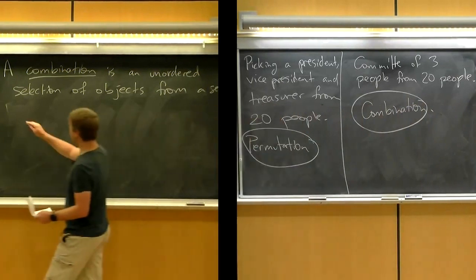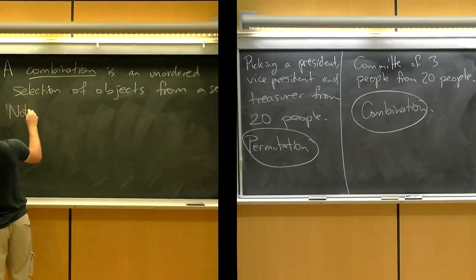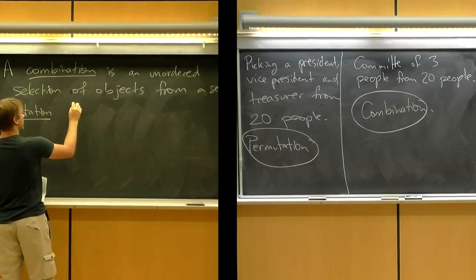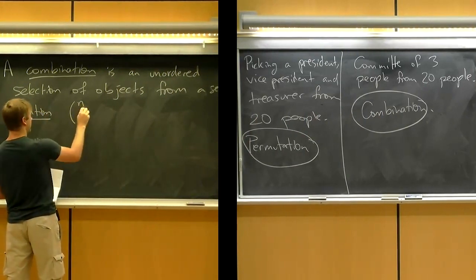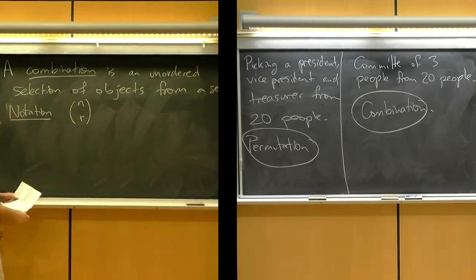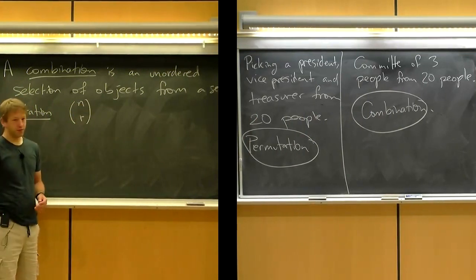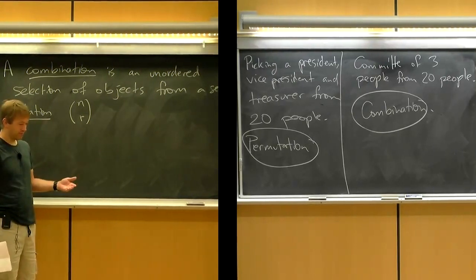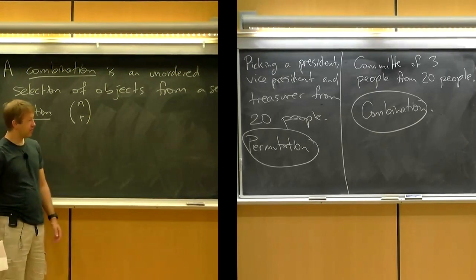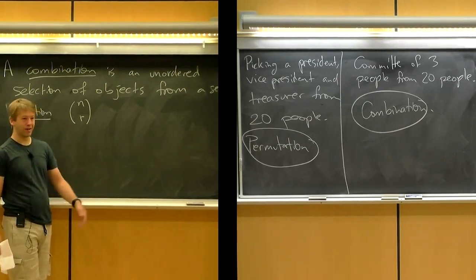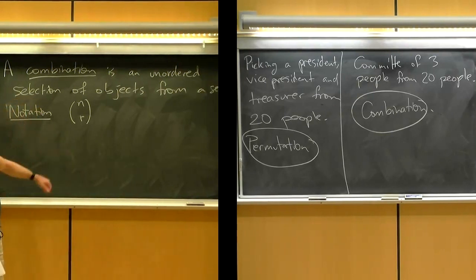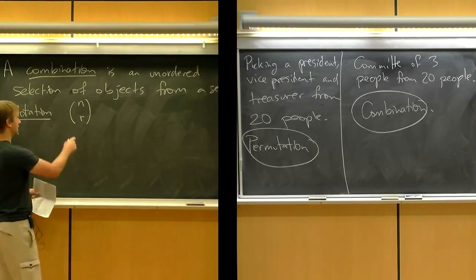Okay, so let me give you some notation for this. Kind of like with permutations, I'm going to give you 3 different notations, which are useful in different contexts. One will be the one from your textbook, one will be the one on your calculator, and then there's another one. So this is the other one.